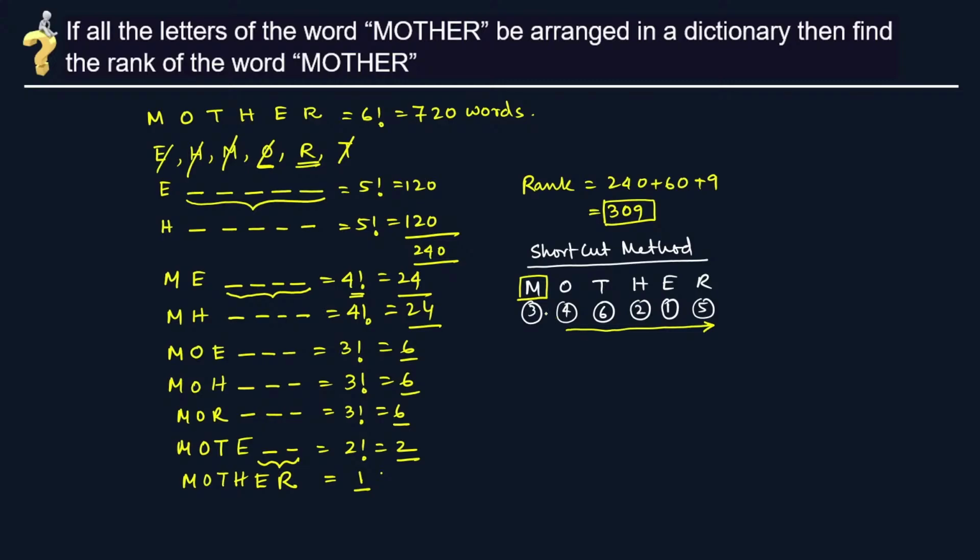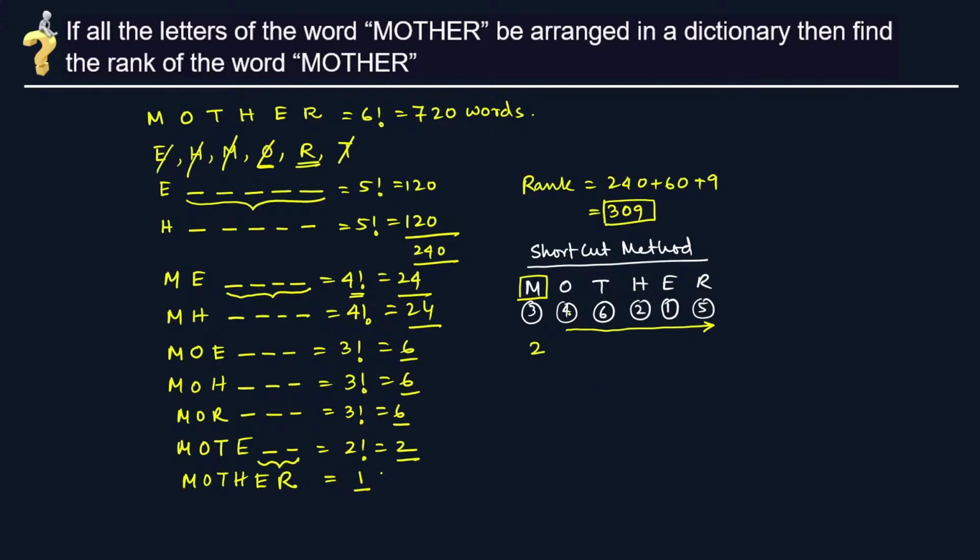I can easily see that less than 3 is only 2 and 1. So there are 2 such numbers. So write down 2 over here.